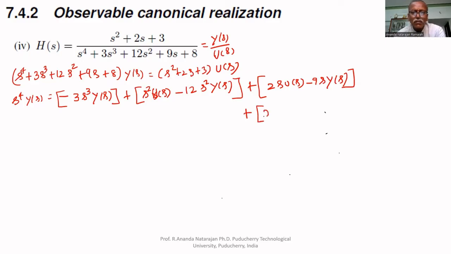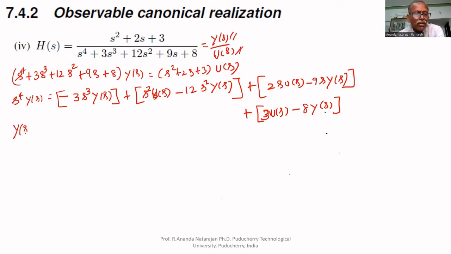Finally, 3 U of s minus 8 Y of s. We assume the input is U of s. We know that U of s is input, Y of s is output.